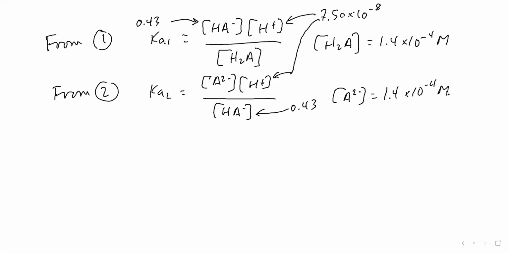So we've got the concentrations of the fully deprotonated form and the fully protonated form calculated. Now, if necessary, we can correct our assumption that the concentration of the intermediate is really 0.43. We're going to use the mass balance, which is that the formal concentration, the total sum of the concentrations of all the species, will be 0.43.